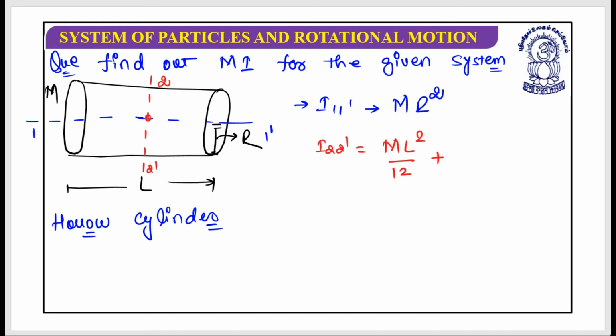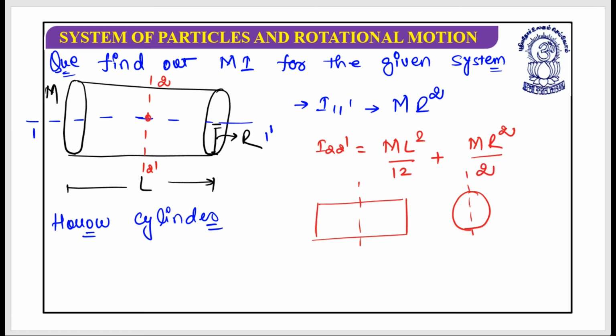First I will observe this like this, and next I will observe this like this. This is a ring because this is a hollow cylinder. So this could be written as m r square by 2, because this is the y dash. I hope this is clear.